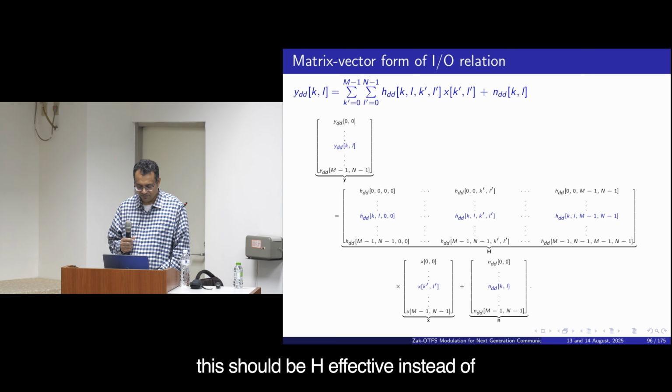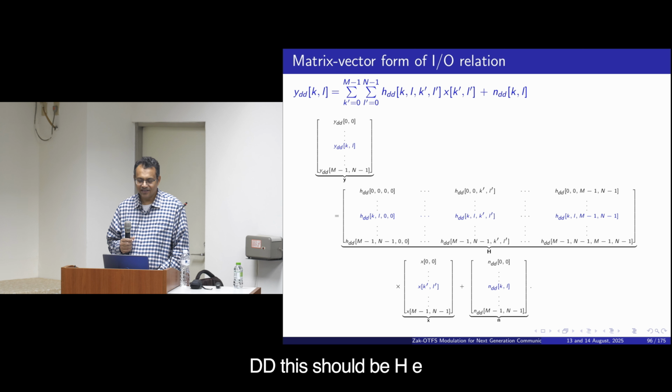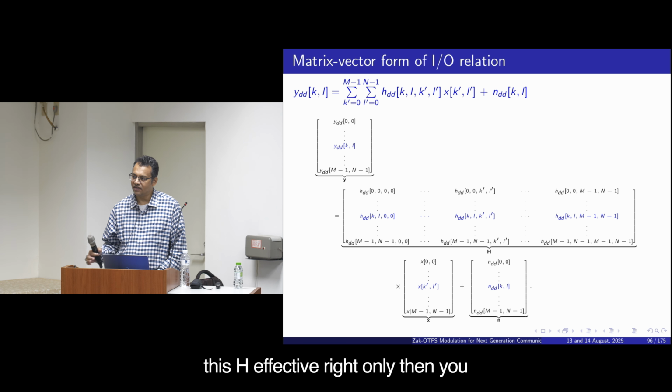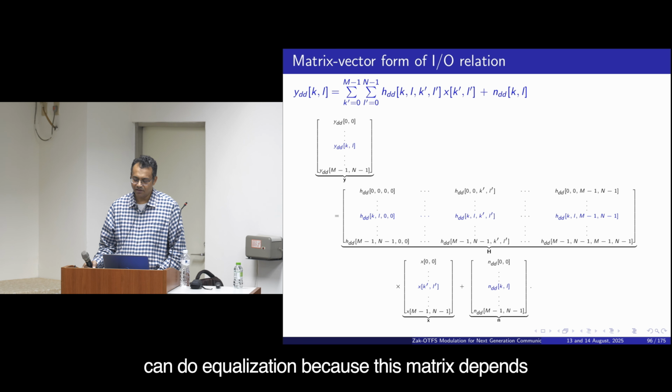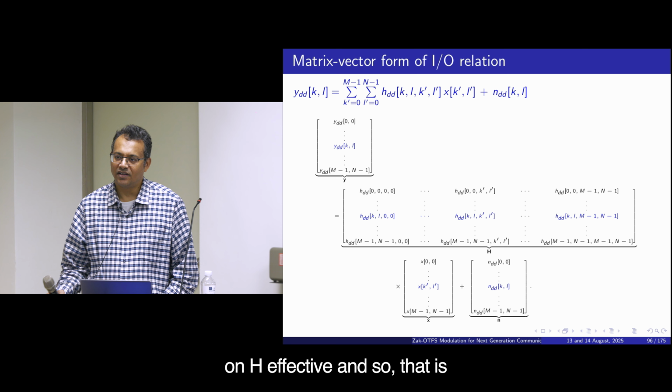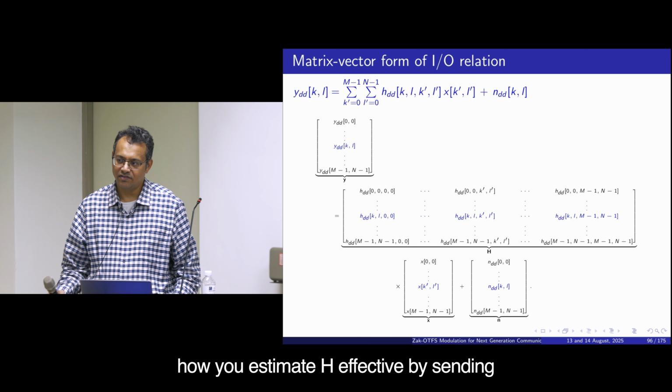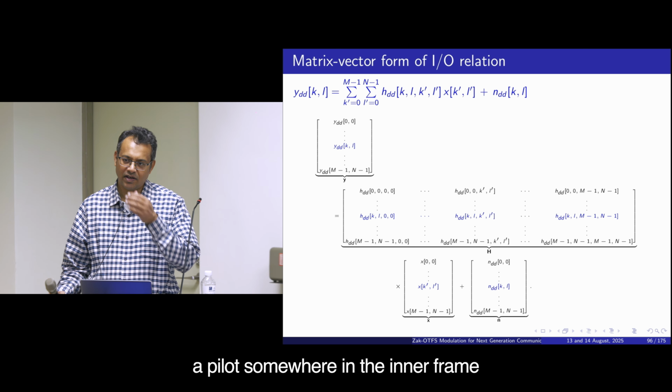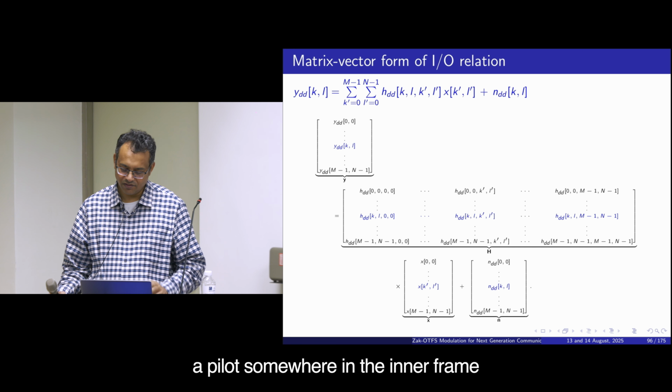This should be H effective instead of DD. This should be H EFF. Okay. See, if you want to do the equalization, you should know this H effective, right? Only then you can do equalization, because this matrix depends on H effective. And so that's how you estimate H effective, by sending a pilot somewhere in your frame.